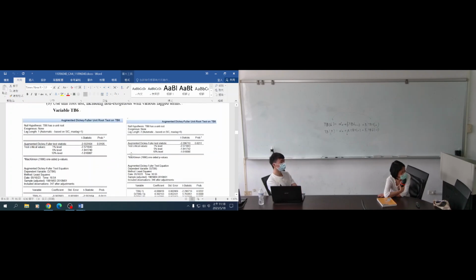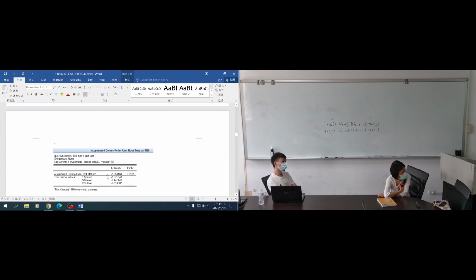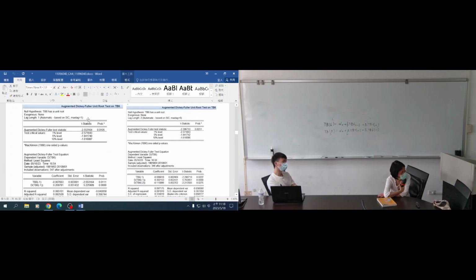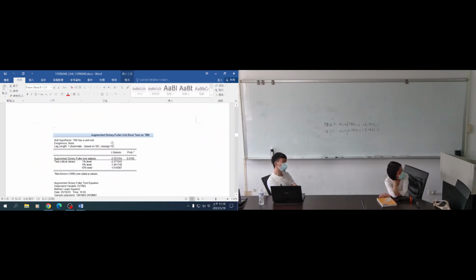I'm just using lag 1, 6, and 12 because when I use 2, 3, 4, 5, I think it's the same as this one. The result is still the same, so I just put 1 here.